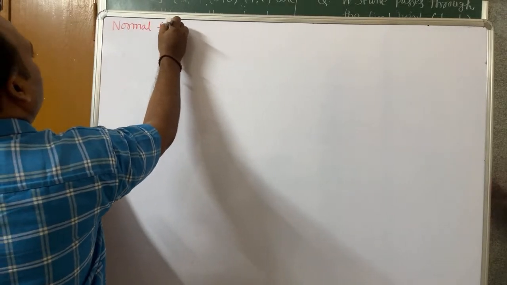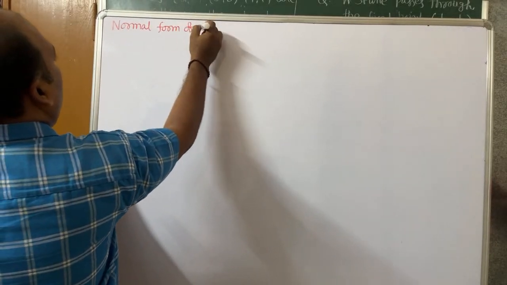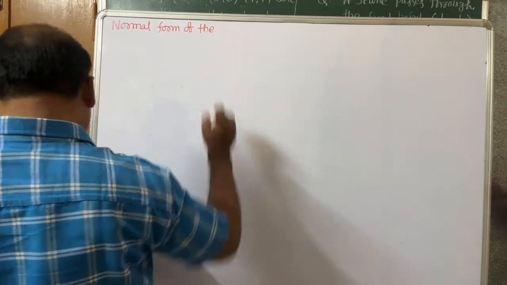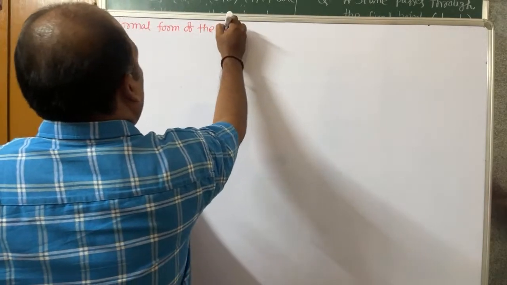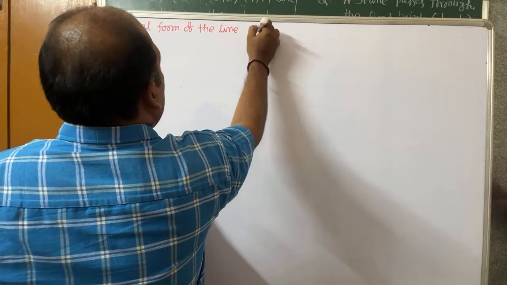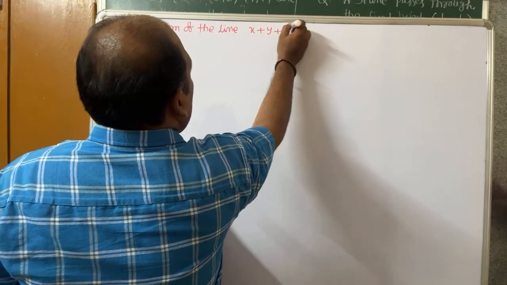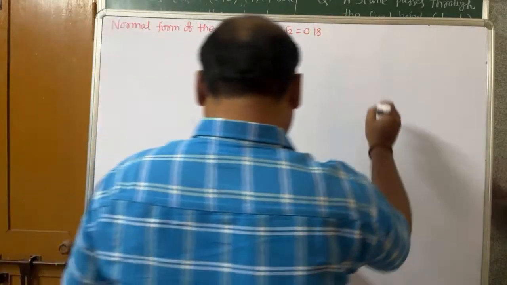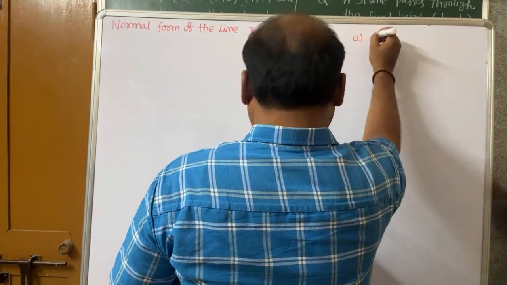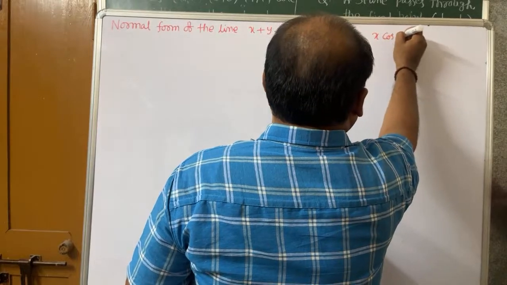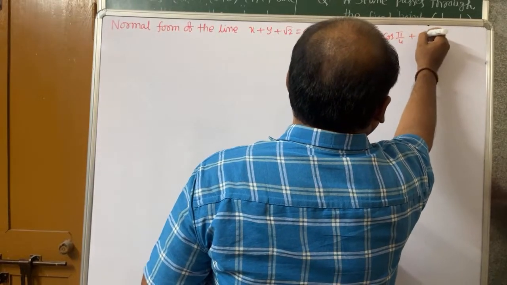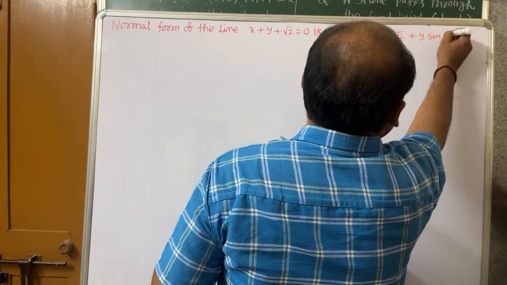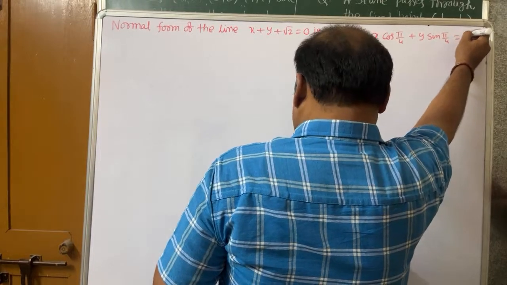Normal form of the line or straight line. x plus y plus root 2 equal to 0 is. So first option, x cos pi by 4 plus y sin pi by 4 equal to 1.